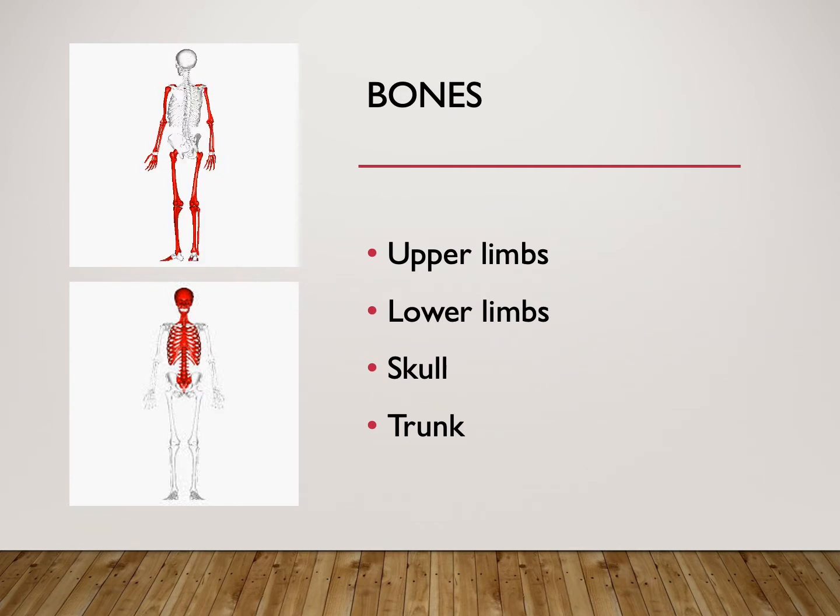Similarly, in the lower limb you have the longest thigh bone, that is called femur, the leg bones, that is tibia and fibula, and the bones forming the ankle joint, foot and the toes. They are called tarsals, metatarsals and phalanges.